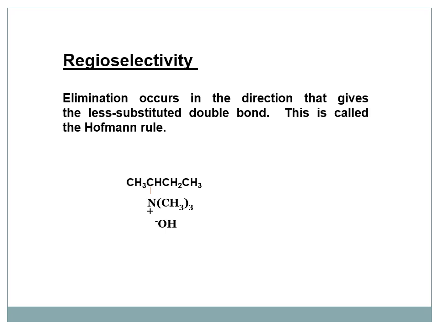When we heat this ammonium hydroxide, we get but-1-ene as major product and but-2-ene as minor product.